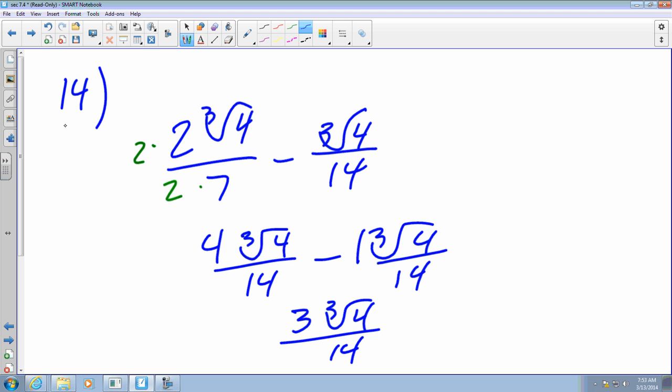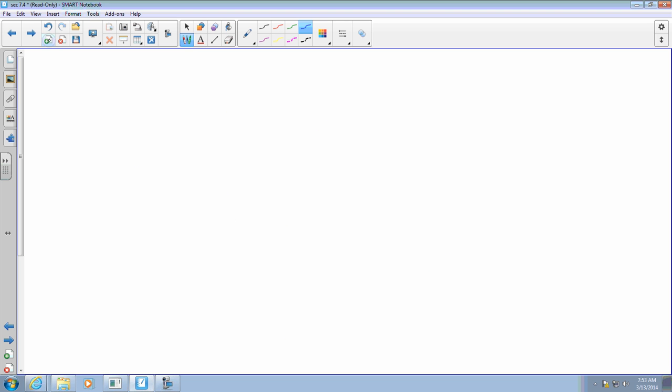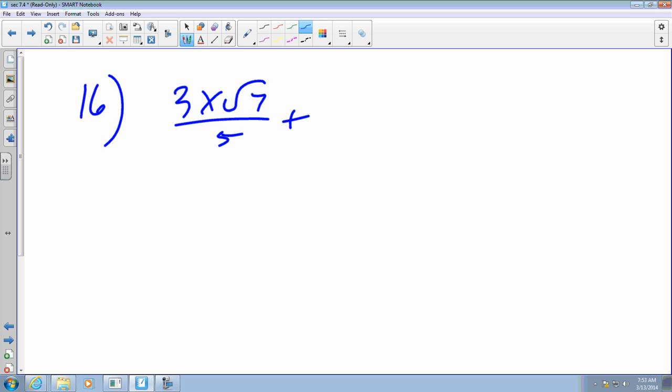Let's take a look at number 16 next. It says 3x square root of 7 over 5 plus the square root of 7x squared over 100. This one's already in its simplest form. This one we have to bring out the x squared, and we need to bring out the 100.